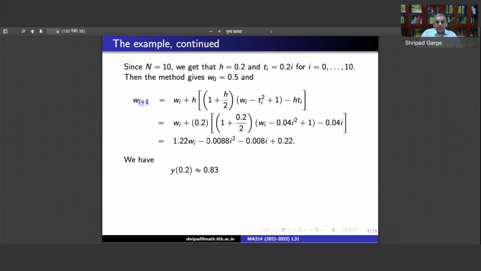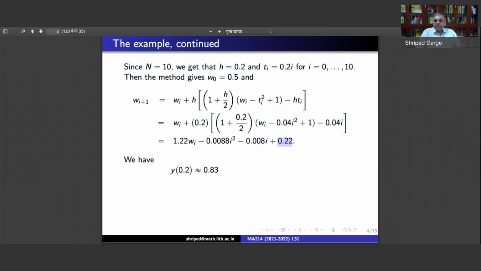So that will mean that the terms involving I square and the terms involving I will get cancelled. You just have W naught, which is 0.5. So we multiply 0.5 by 1.22, which is 0.61, and you have to simply add 0.22 to that. So that gives you 0.83. This is the approximation for y 0.2.